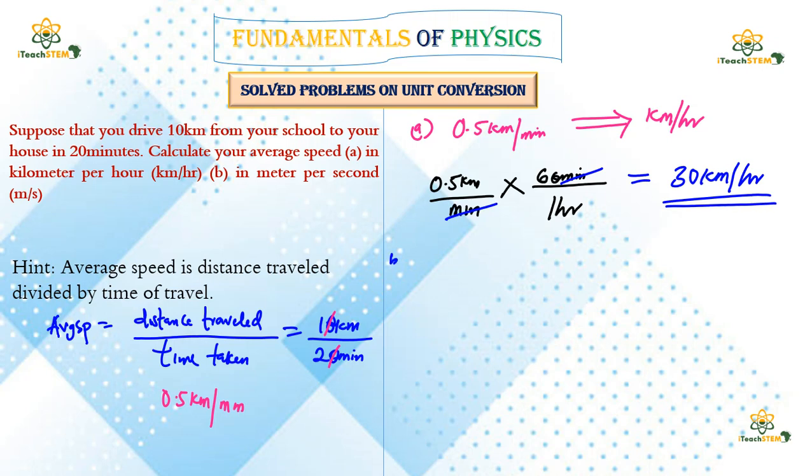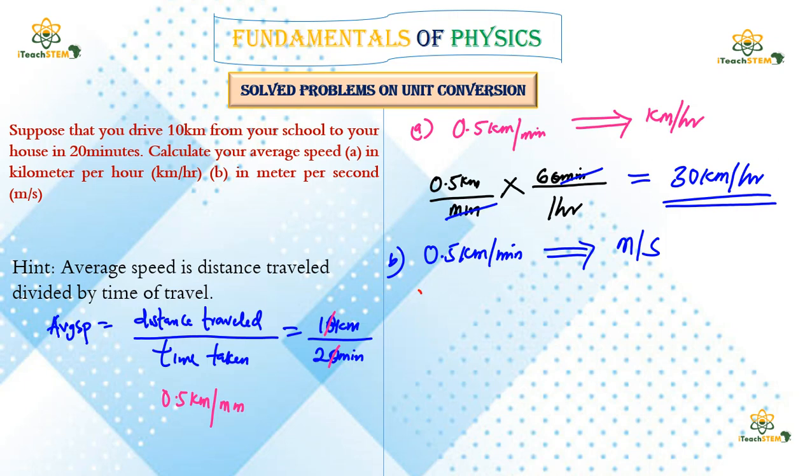So to solve question B, we have 0.5 kilometers per minute to be converted to meters per second. Of course, kilometer here is going to meters, so we need to establish the conversion factor. Minutes here is going to seconds, we need to establish the conversion factor for it too.